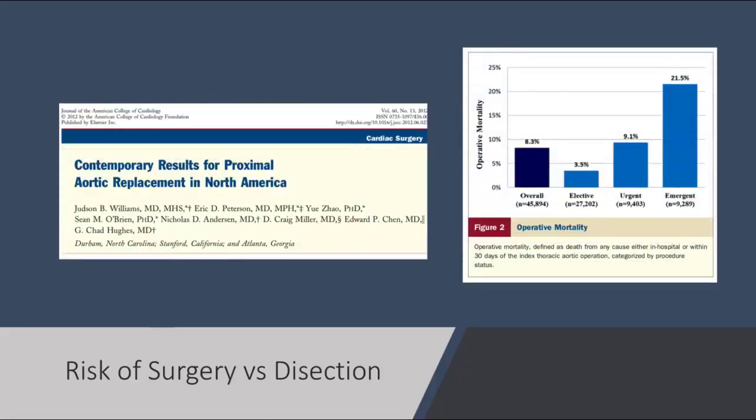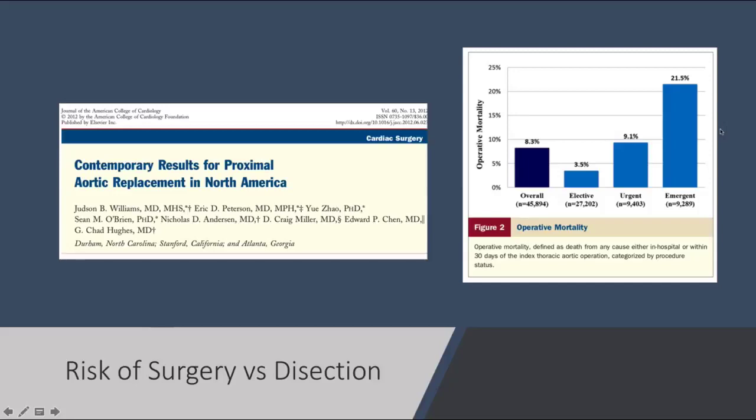So contemporary studies suggest that the risk of mortality from an elective aortic replacement is 3.5%. And certainly this is not something to just ignore. If you're getting surgery for an emergent reason, the risk of mortality rises to about 22%.